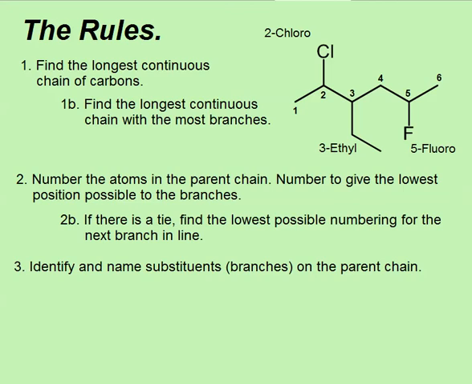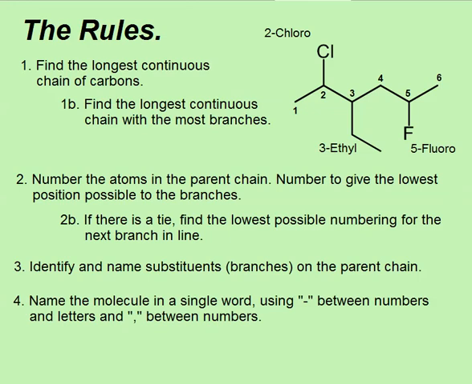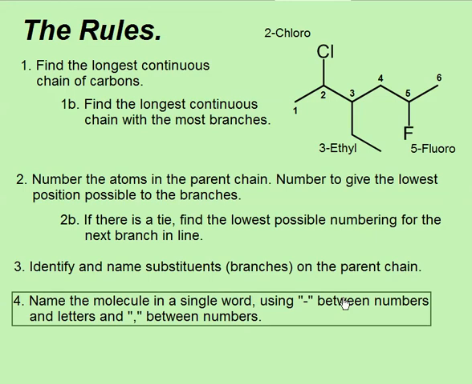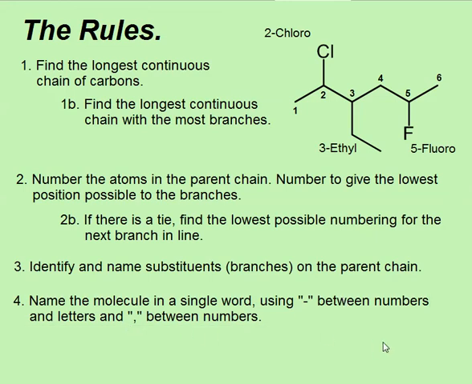So we've got the names of the branches, and we've figured out the position for those branches because we've numbered the main chain. The last thing is just to put all those pieces together. We'll use dashes to separate numbers and letters, and we'll use commas to separate numbers.